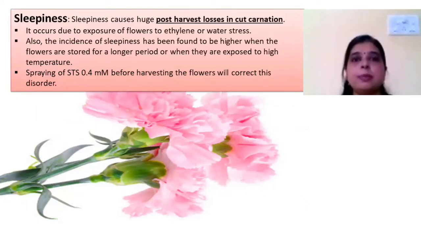Incidence of slippiness has been found to be higher when flowers are stored for a longer period or exposed to high temperature. So just before harvesting, you spray STS, silver thiosulfate, at the rate of 0.4 millimole. That will correct the disorder.